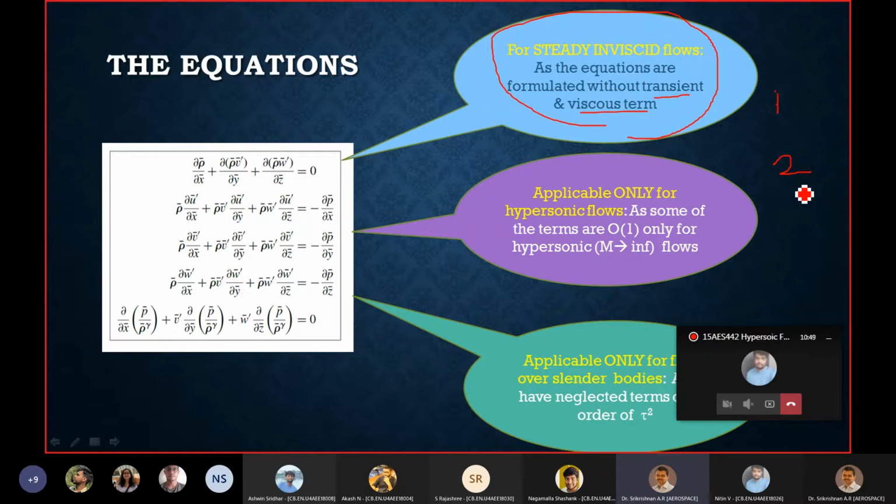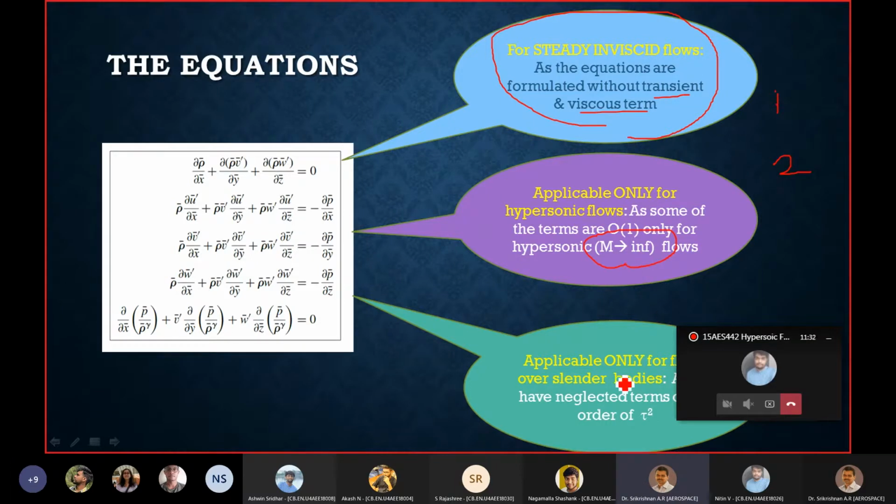We are restricting our attention to hypersonic flows where beta, the wave angle, is small. That concept is what we use in many terms like rho by rho infinity, p by p infinity, etc., where we took the limiting case as M tends to infinity to non-dimensionalize the terms as well as to do the order of magnitude analysis. So the whole analysis is based on M tending to infinity. The way we have written these equations is based on hypersonic approximations, to study inviscid hypersonic flows.